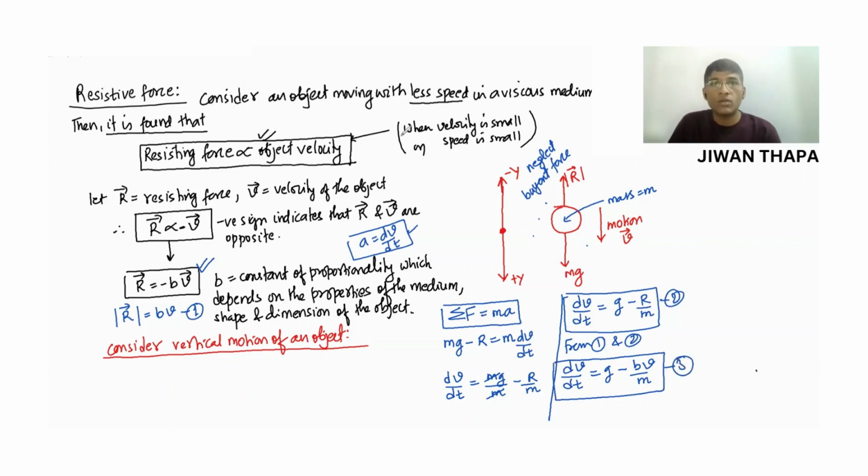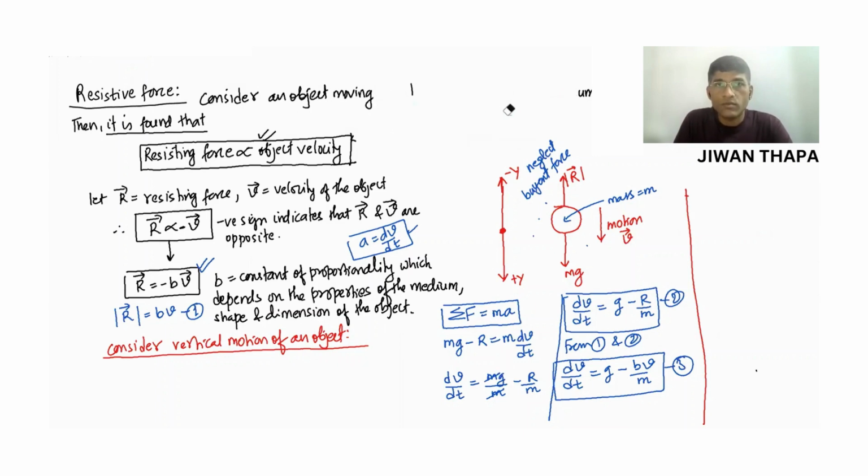So we have dv by dt equals g minus B times V divided by m. This is equation number 3, so I'm rewriting equation number 3.